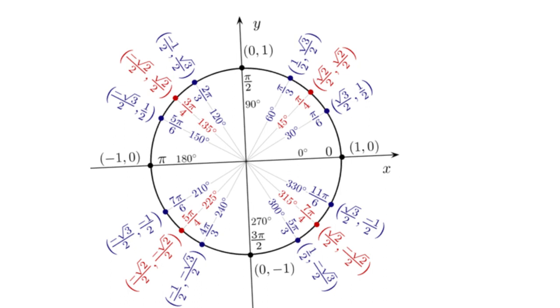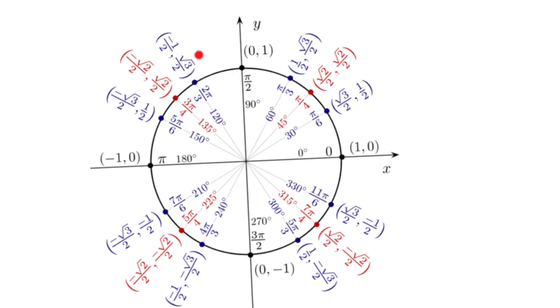Pi over 6 is right here. The y-coordinate is 1/2. Pi over 4's are right in the middle, so 1 pi over 4, 2 pi over 4, there's 3 pi over 4. It's negative root 2 over 2, root 2 over 2. So the x-coordinate is negative root 2 over 2. Pi over 3, 1 pi over 3, 2 pi over 3.